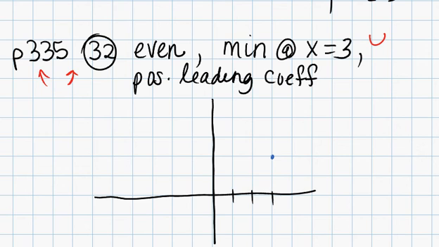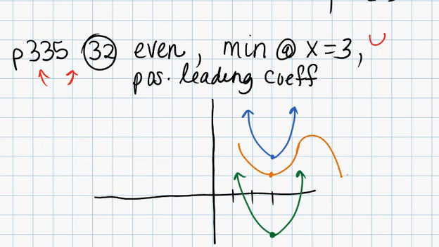So your answer could be up here. It could be lower on the graph. You could have gone fancy and had it here with the minimum and then flipped it and then made it go back up. That seems like a lot of work, but it's possible. So there are 3 possible answers. Hopefully yours is close to one of them.